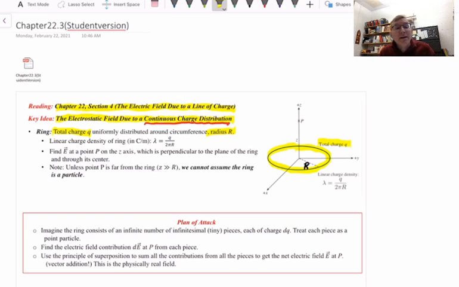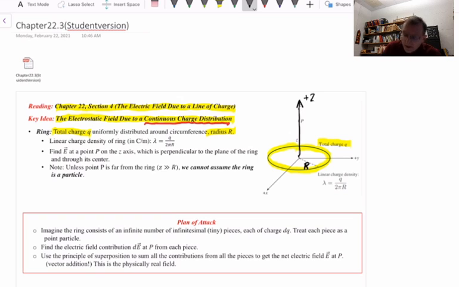And we're going to want to find the electric field created by this charge distribution. Now, to make it a little bit manageable, we're going to pick a special place or a special axis to calculate this electric field for. Notice the ring is in the xy plane with its center at the origin. We're going to pick then a point P that's on the z-axis.